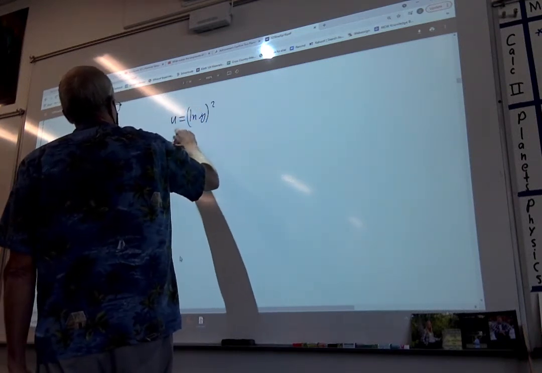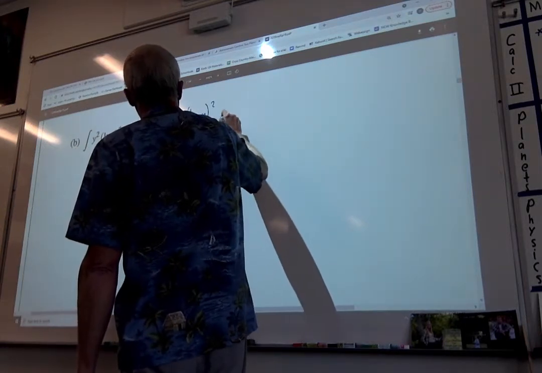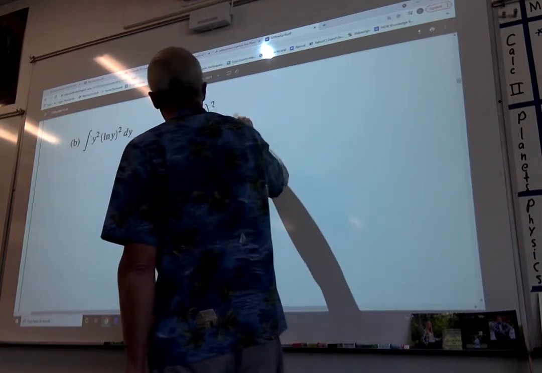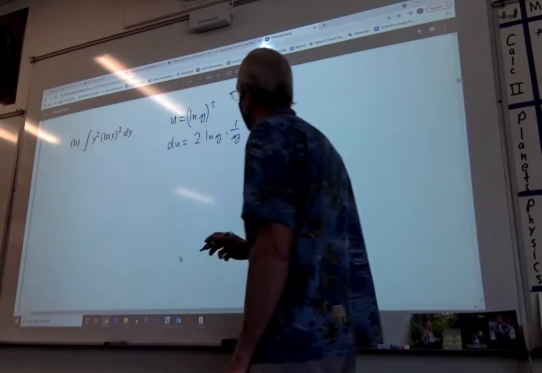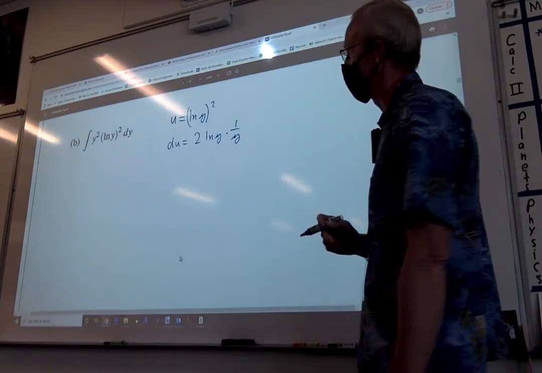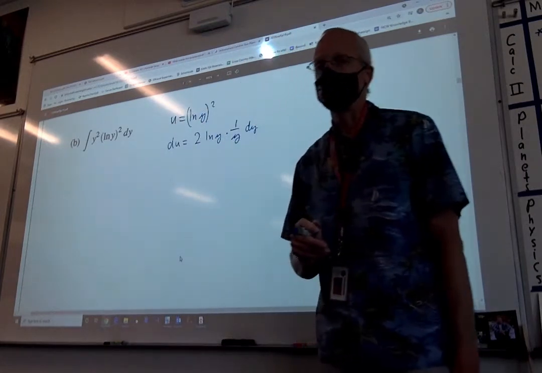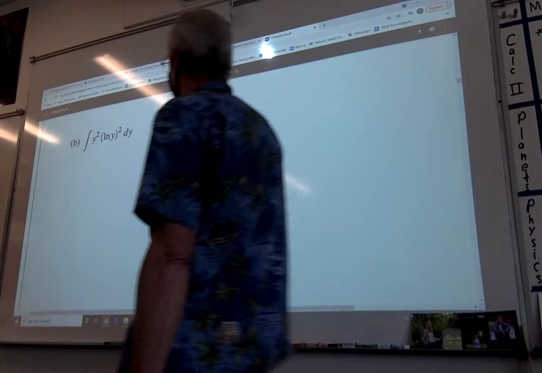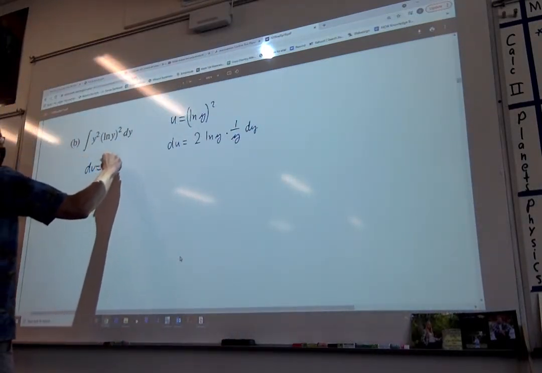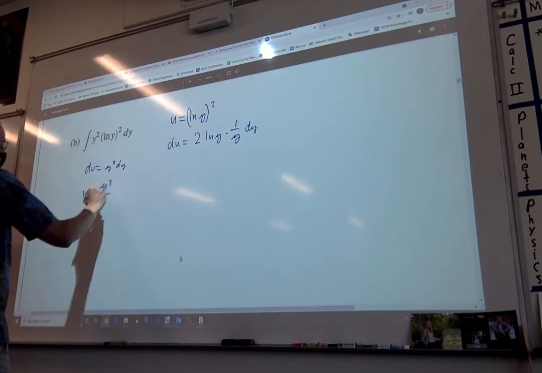So du is 2 ln of y to the 1 times the derivative of ln of y, which is 1 over y dy. Not obvious this is going to get us somewhere. Then we let dv equal y squared dy, so v is equal to y cubed over 3.